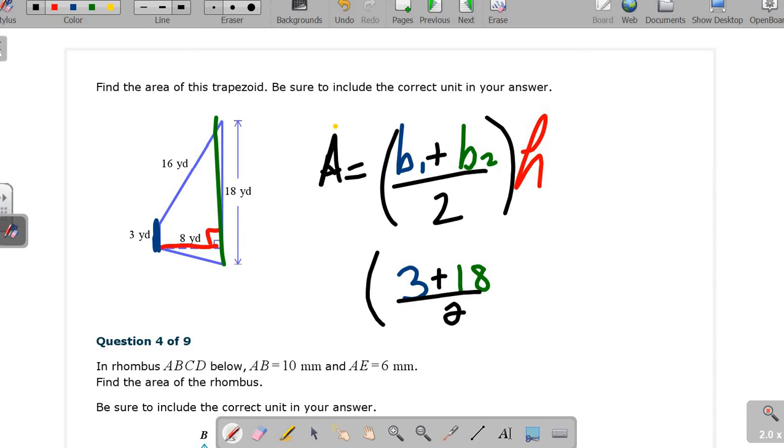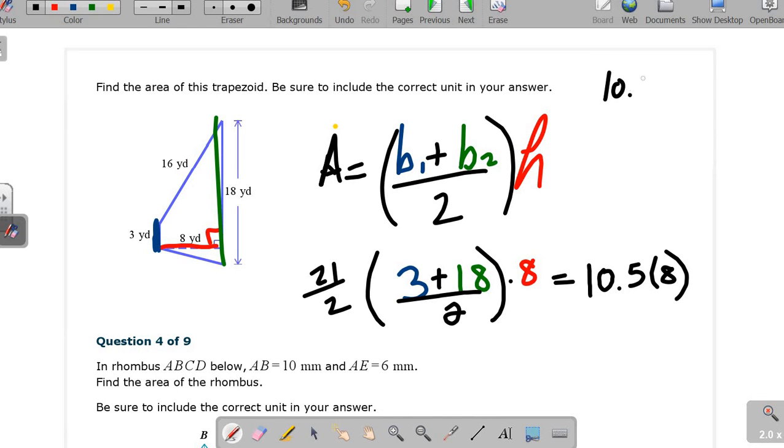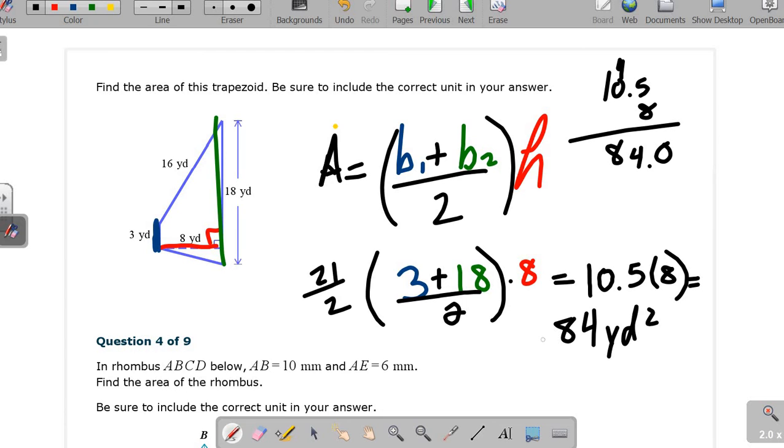Add, divide by 2, times the height, which is 8. So 3 plus 18 is 21, divided by 2 gets me 10.5, times 8. And that is 84 yards squared.